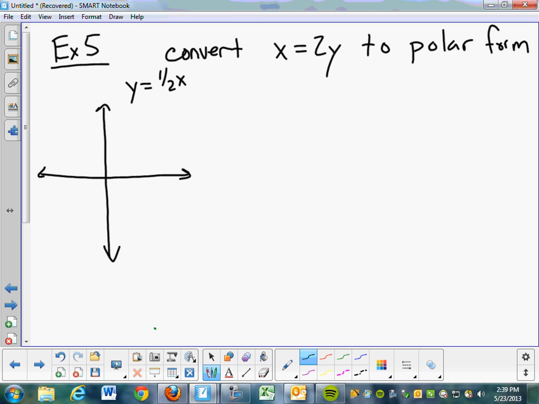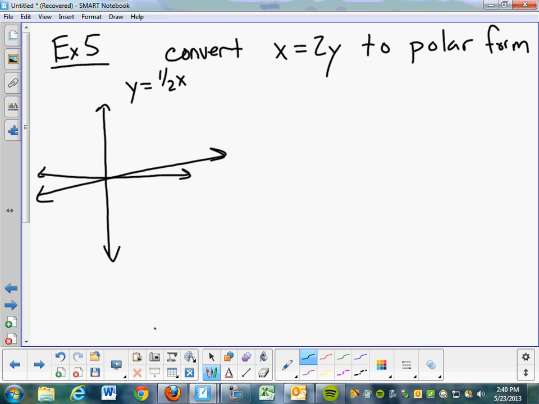Positive slope, 1/2. Something like that. Okay. So it's a line. It passes through the origin. It's got a slope of 1/2. It's got a y-intercept of 0.